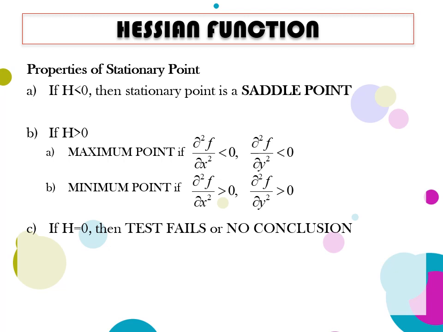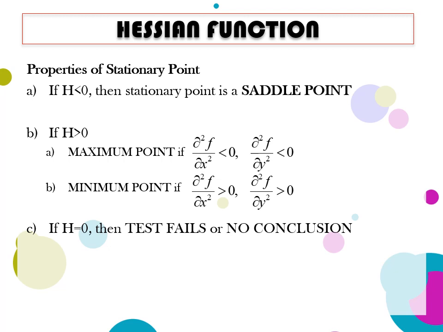So it is very simple. You calculate your Hessian based on the formula that we learned in the previous slide, substitute the values of the second order partial derivatives, then calculate the determinant, which is your Hessian, and look at its value.